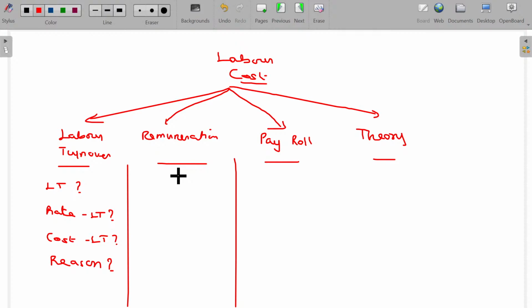These are the aspects to keep in mind for remuneration fixation. How the salaries are offered, the breakup of salary and PF deposits will be covered under payroll accounting and related theory. You have to understand all these aspects so that you can cover labor cost completely.